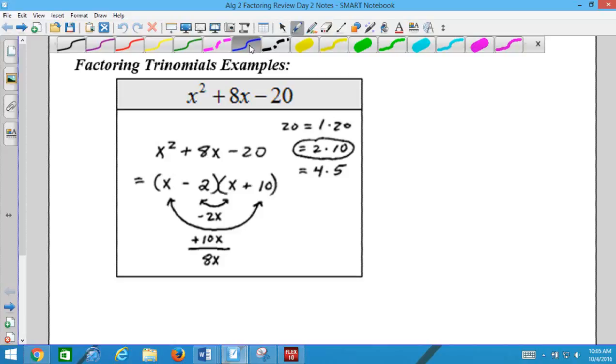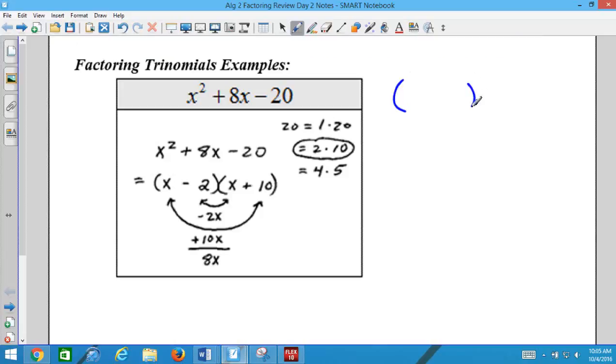So to factor the trinomial means 3 terms, x squared plus 8x minus 20, 3 terms. To factor that, going back, when we did FOIL, last night's homework, when we did FOIL, and I gave you something like x minus 2, x plus 10, you had to first do x times x.